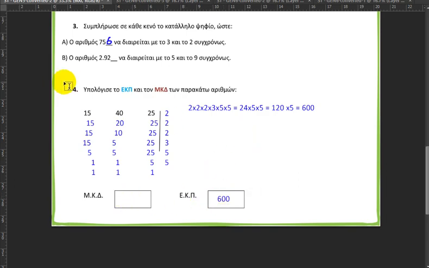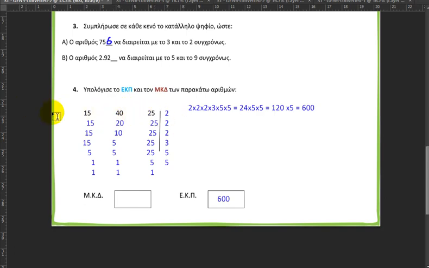Greatest common factor, which is the greatest number I can divide all three of these numbers with. Well, I can't divide with anything greater than 5, really. I mean, the next thing I can divide 25 with after 5 is 25.